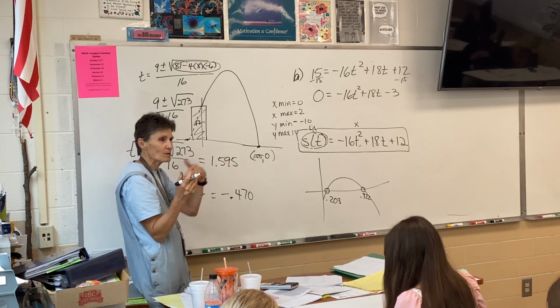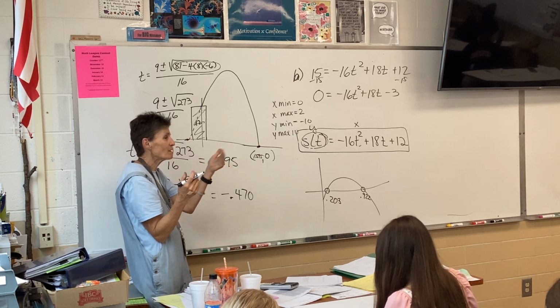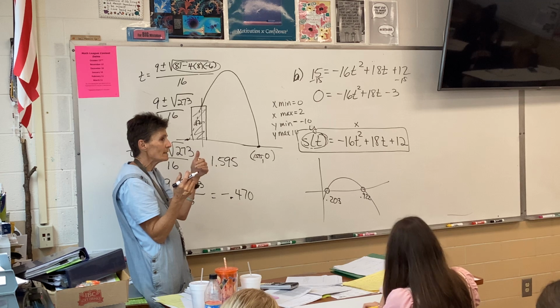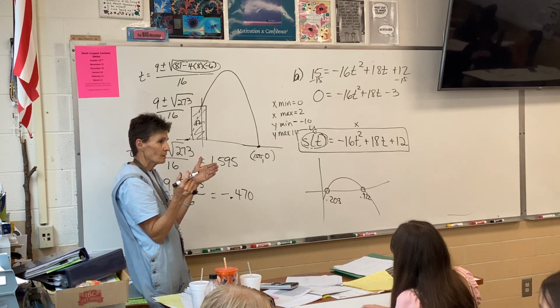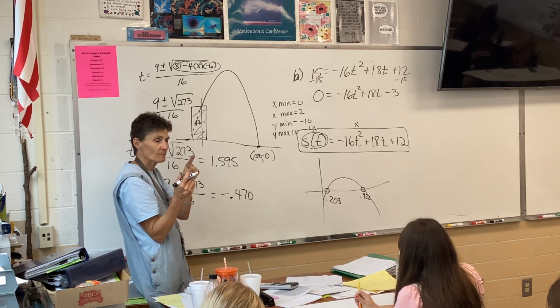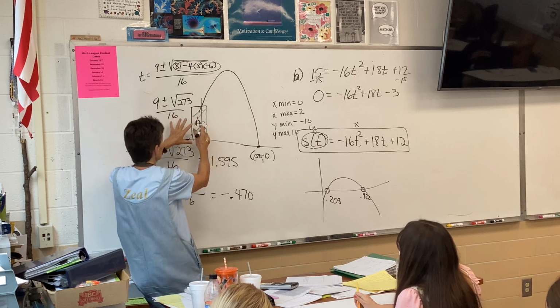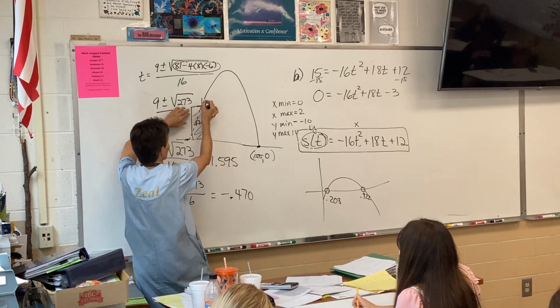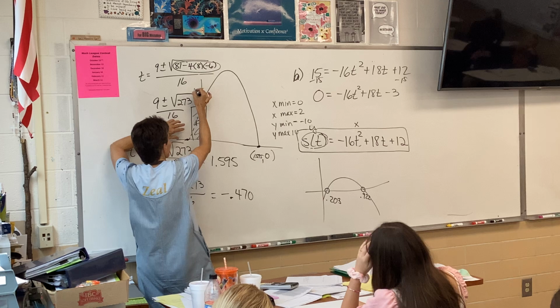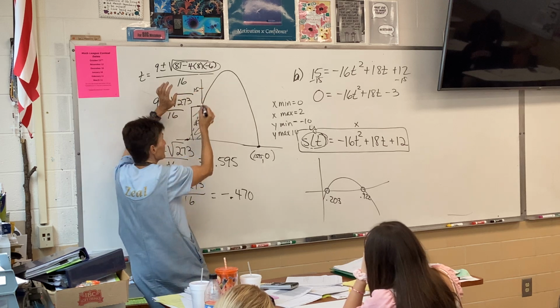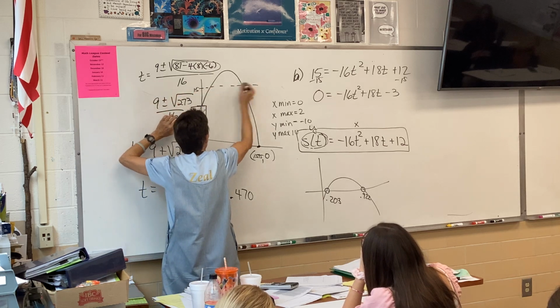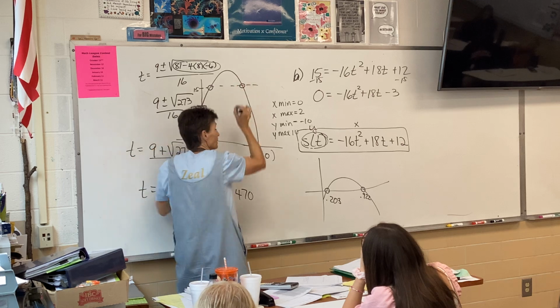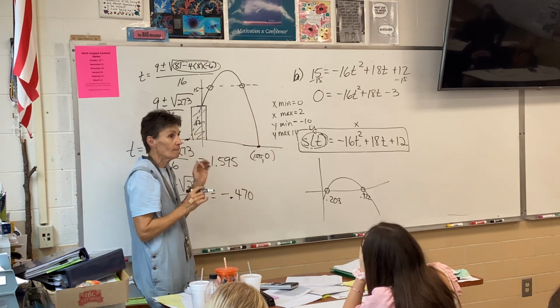Let's go back to the question. What was the question? What am I trying to figure out? When is the ball 15 feet above the ground? So let's look at my picture. This was 12. So wouldn't 15 be like a line here? Look here. Aren't there 2 times that the ball is 15 feet above the ground?